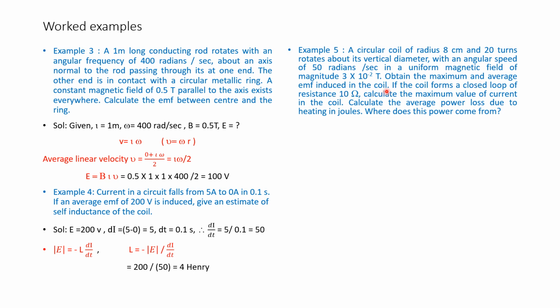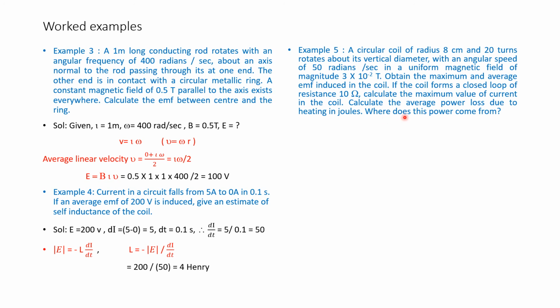So, we have to find E maximum and E average. If the coil forms a closed loop of resistance 10 ohms, calculate the maximum value of current. So, he has given the resistance as 10 ohms and we have to find maximum induced EMF and current. Calculate the average power loss due to the heating in joules.